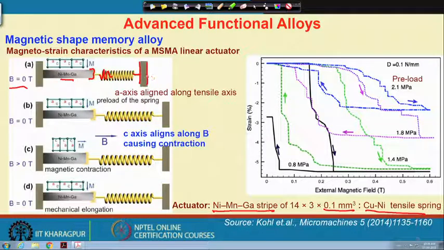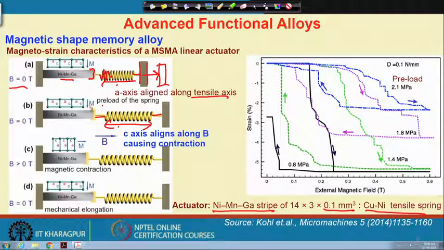And now, I put it here, meaning I apply some stress. So, this A axis now will be aligned along the tensile axis. So, I put a tension here. So, you can see the length of the spring has increased from this position to here. So, immediately the lattice will also be reoriented along the direction to accommodate the elastic strain.